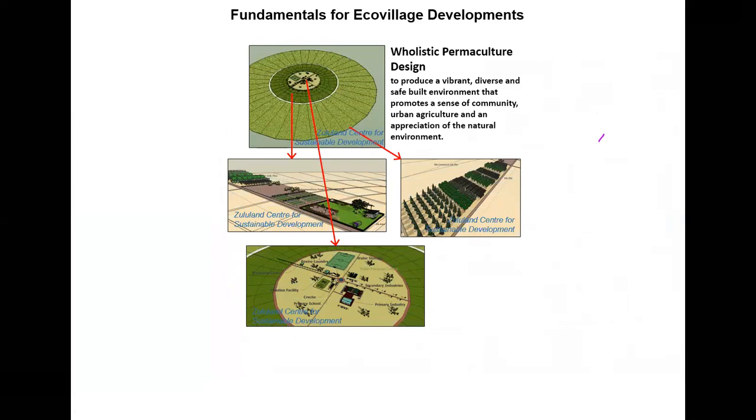So after many years, I started putting together something about the building blocks, or what I called the fundamentals of eco-village development. And I realized that in visiting places like Findhorn and a few others, they pretty much developed organically as they went along.